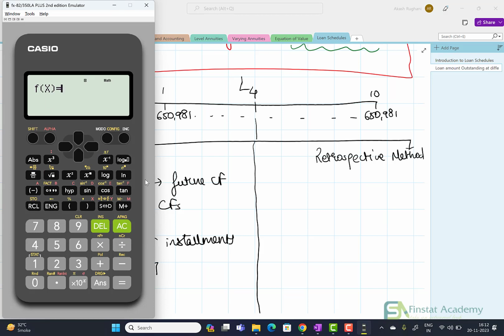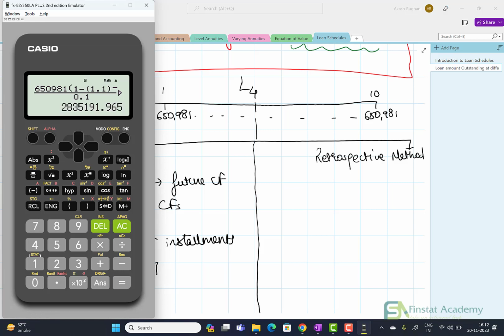So for me, 6,50,981 times 1 minus 1 plus i, that's 1.1, raised to minus 6, which are the installments left, the whole divided by i, which is 0.1.